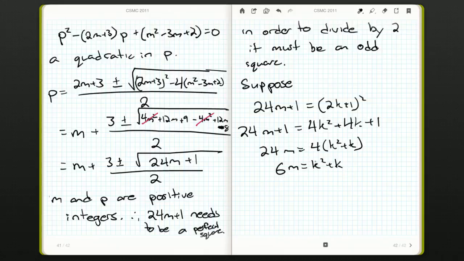And if k was congruent to 2 mod 3, we'd have 2 squared, which is 1 modulo 3, and then plus 2, so that'd be 3. Okay. 6m is congruent to 0 mod 3.